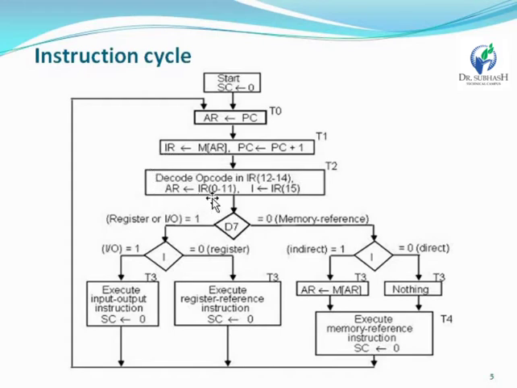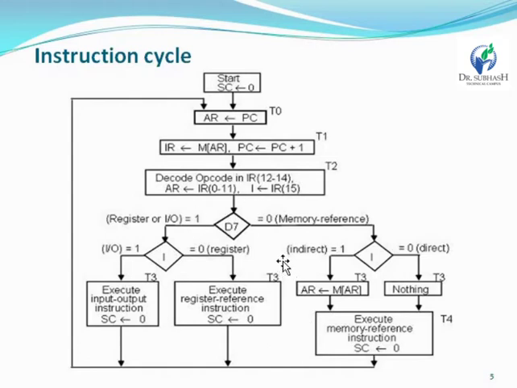The instruction register is 16 bits: 12 bits for the address, 3 bits for the opcode, and 1 bit for I. I indicates 1 or 0. If 1, it goes to the register, and if 0, it goes to the memory reference. So this is the instruction register.